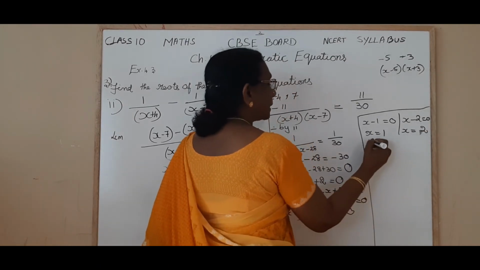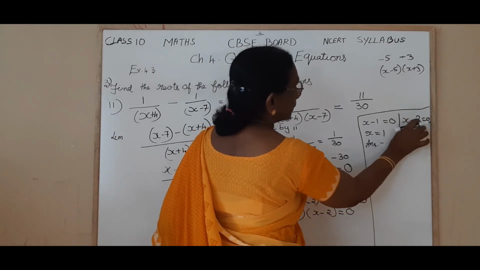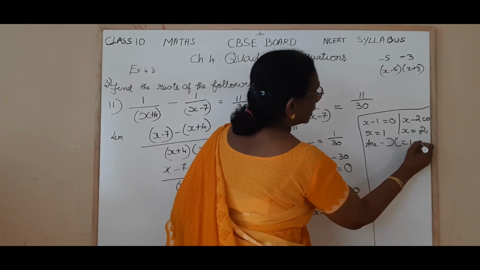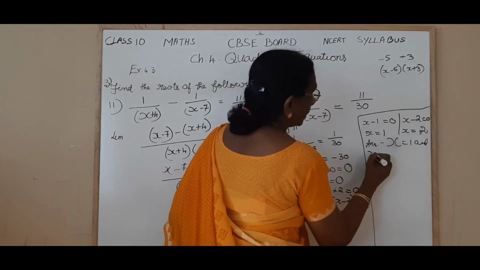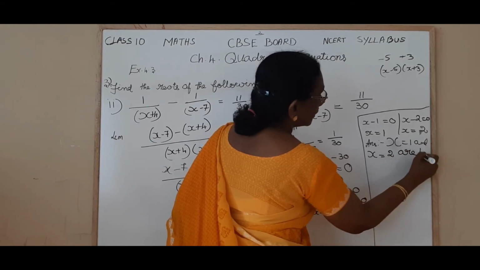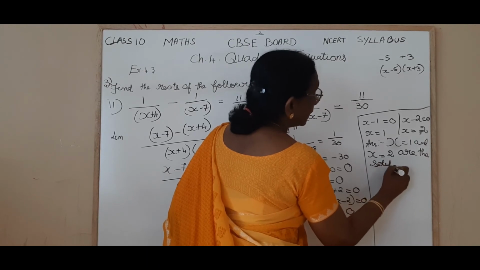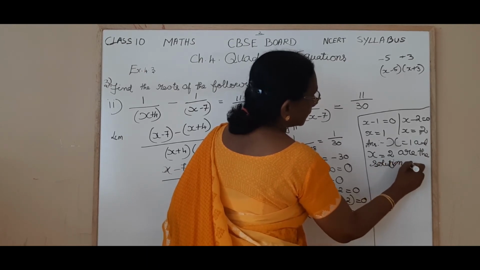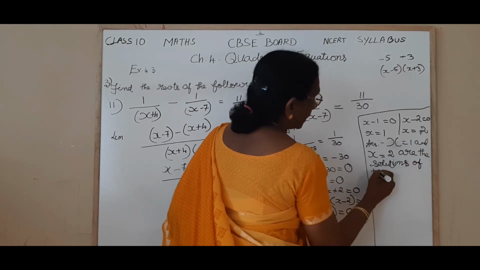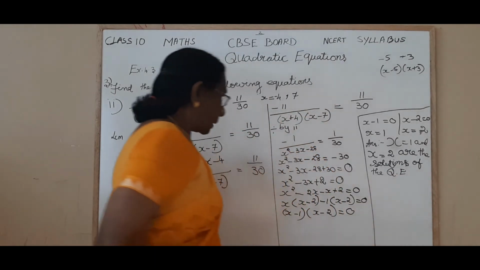So, you can write the answer: x is equal to 1 and x is equal to 2 are the solutions or roots of the quadratic equation. Is it clear, children?